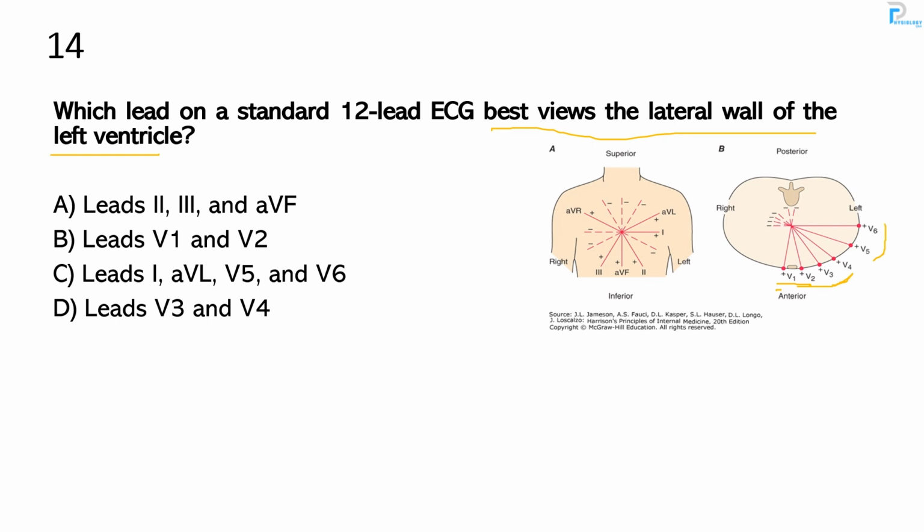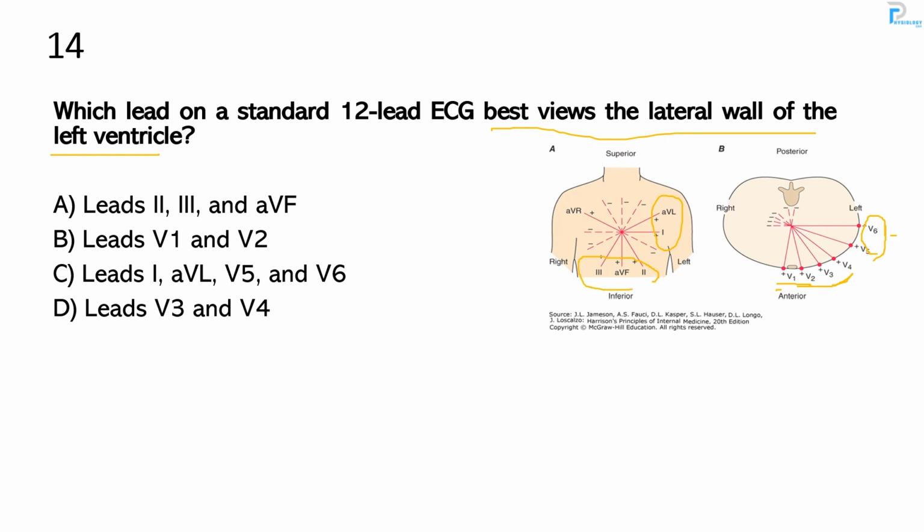If you look at the limb leads, you see here lead 1, aVL, they are also lateral. So that is the lateral surface. V5 and V6 along with lead 1 and aVL look at the lateral surface. They give you an idea about the lateral surface of the heart. Leads 2, 3 and aVF, inferior surface.